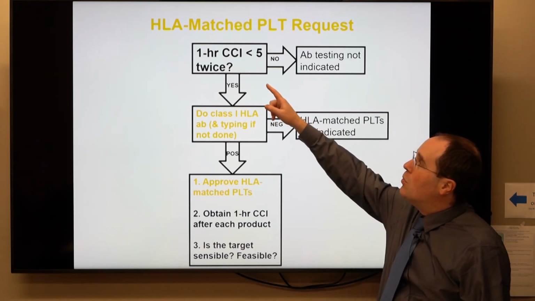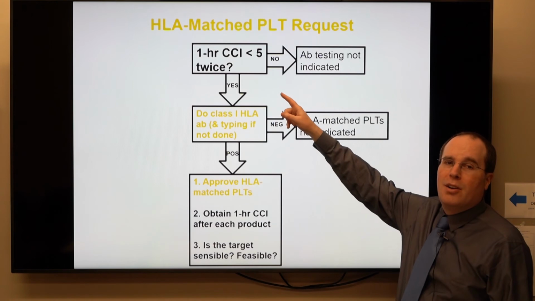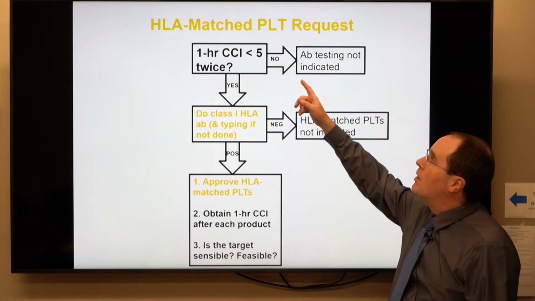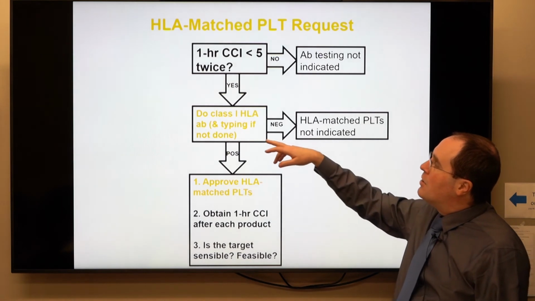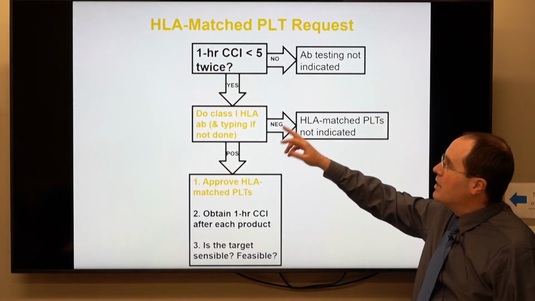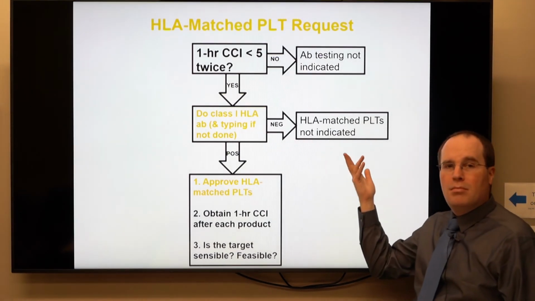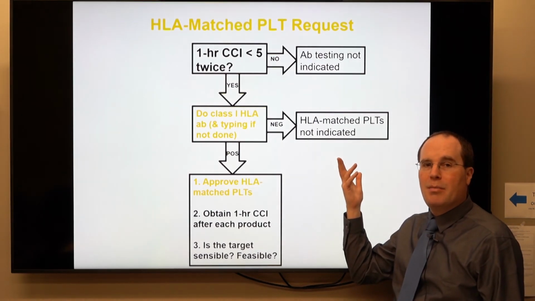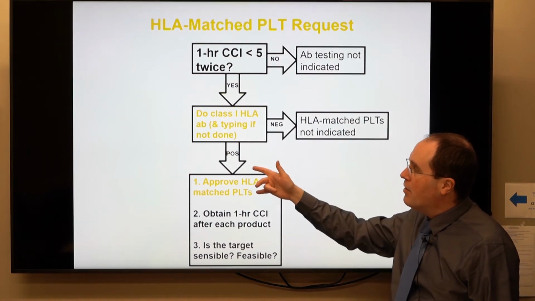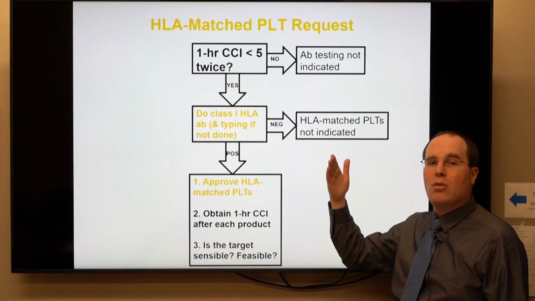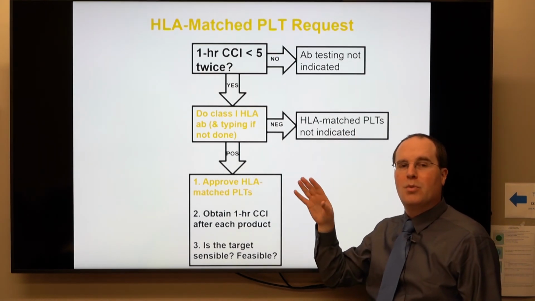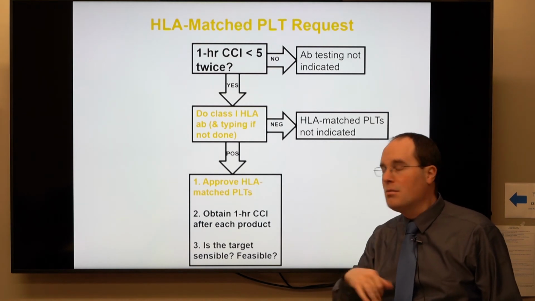Whereas if we do 1 hour CCIs and they're not low, then we don't need to do antibody testing. If we've done our HLA antibody testing and it's negative, then we don't need to do HLA-matched platelets. If, however, it's positive, and there's some nuance to this, like there's a threshold to what is considered positive, which we'll get into in more detail when you have real cases.